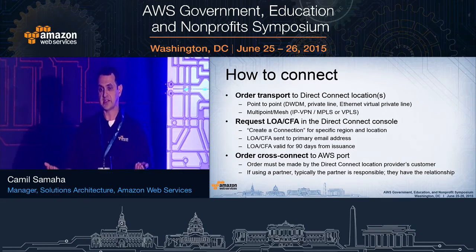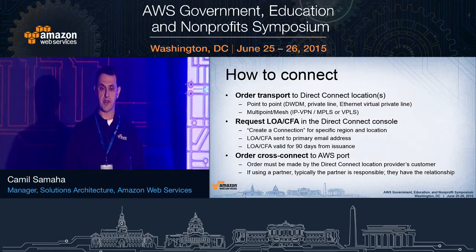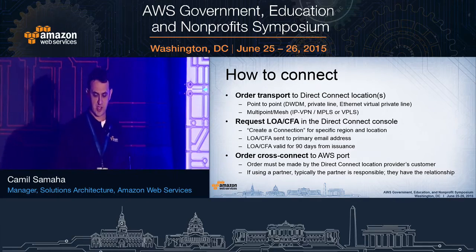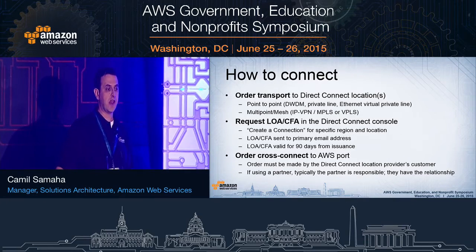But basically, it's the authorization to be able to do that cross-connect from the Direct Connect facility into the AWS router. All right? Once you have the LOA CFA, you can at that point place the order for the cross connect into the Direct Connect service.